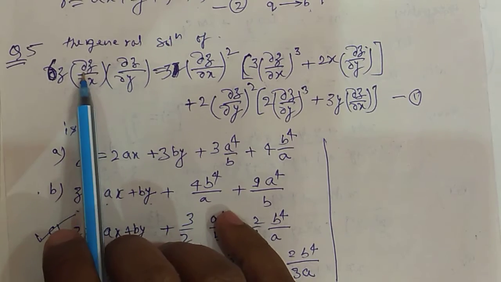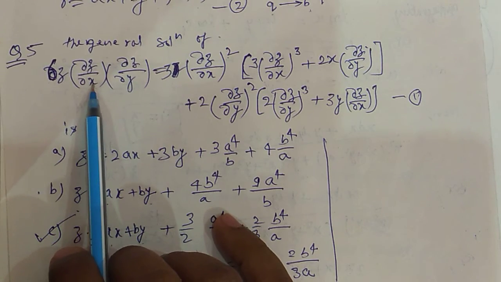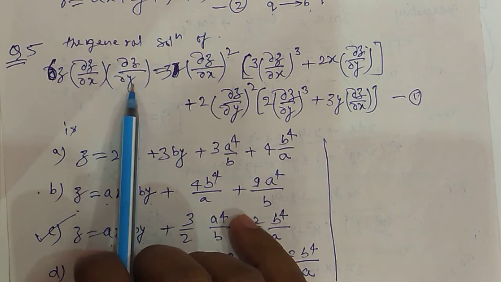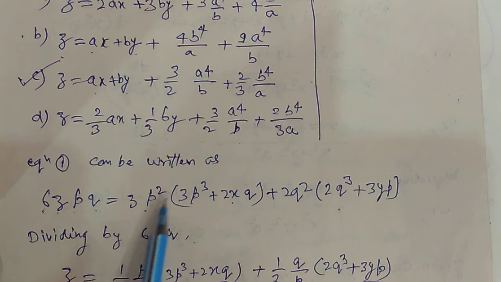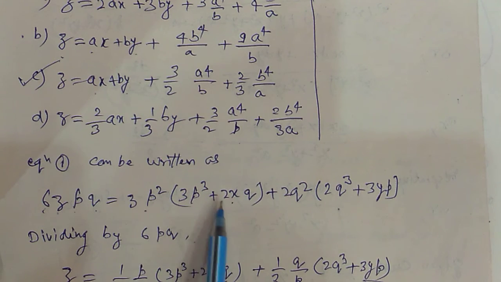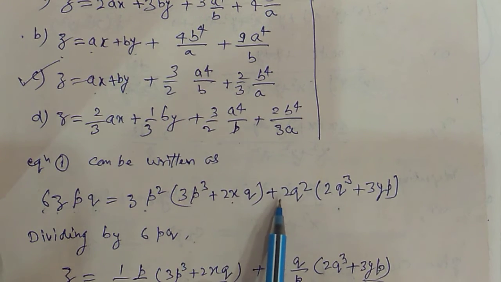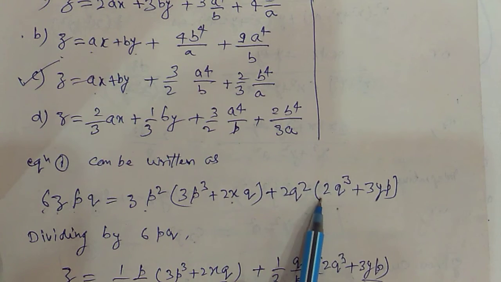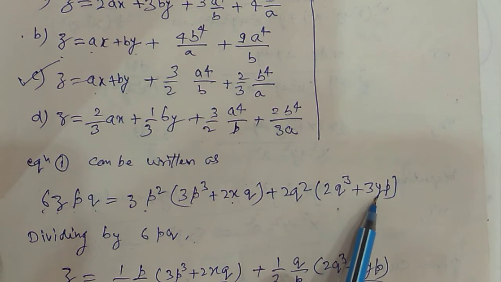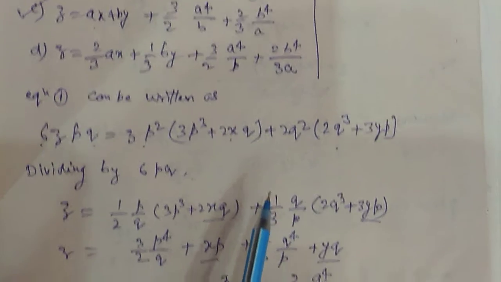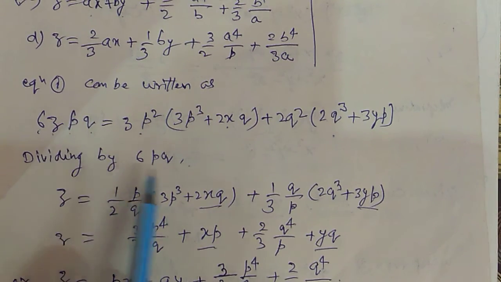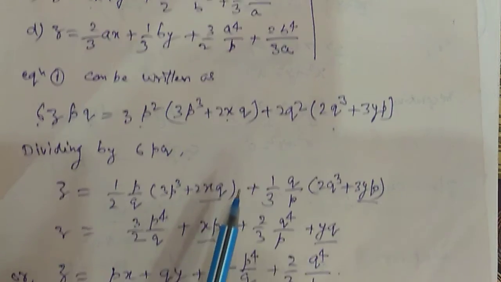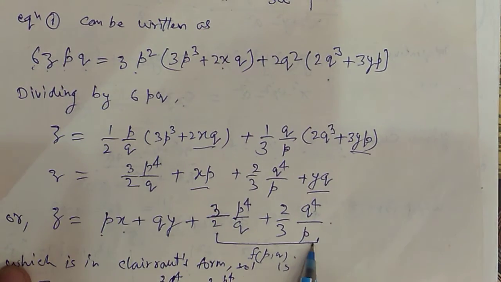We write p equal to del z over del x and q equal to del z over del y, and so we have this equation: 6zpq equal to 3p(3p cubed plus 2x cubed) plus 2q squared(2x cubed plus 3y p). By dividing it by the coefficient of z, 6pq, we get this. We can write the equation in this form.